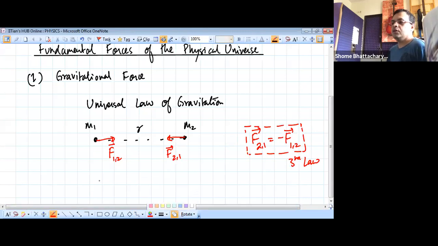But now more importantly, the magnitude of this force, which equals the magnitude of this force, is proportional to the product of masses and inversely proportional to the square of distance.